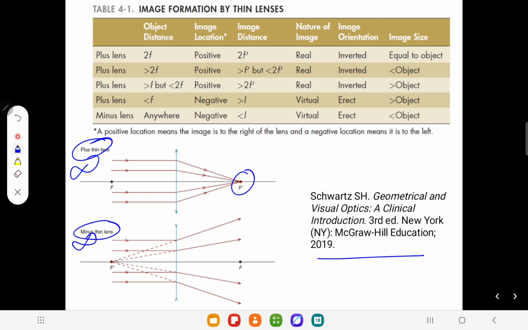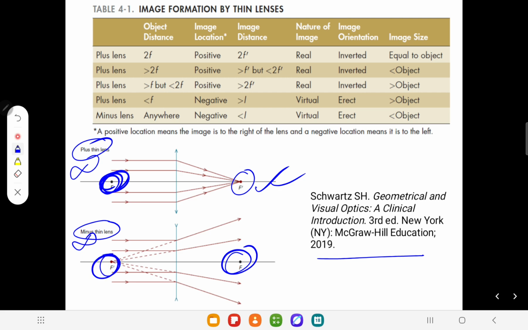What we learn from it is that when we put the object at infinity, the image will be at the focal point, it's the secondary focal point, not primary. See, in the plus lens, here is the primary focal point. This is my secondary because it's f dash, and in the minus lens, here is the primary f and here is the secondary f dash.